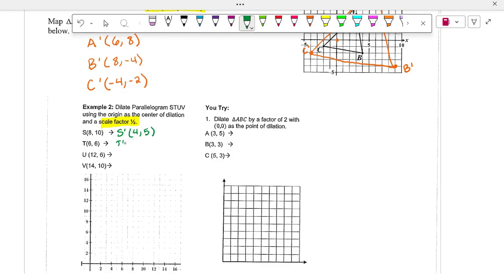What would T prime be? 3, 3. U prime? 6, 3. And V prime? 7, 5. Now, just for fun, if I wrote that in arrow notation, what would it look like? (1/2 x, 1/2 y). That's how you would write arrow notation.